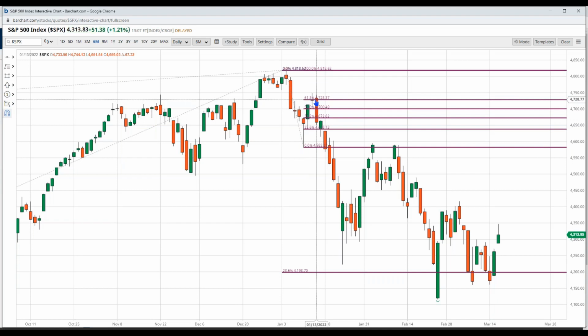And what did I say? In bear markets, we tend to see deeper retracements. And notice on this retracement, we got up to that 61.8%. Let's look at this retracement, this wave, this leg down.